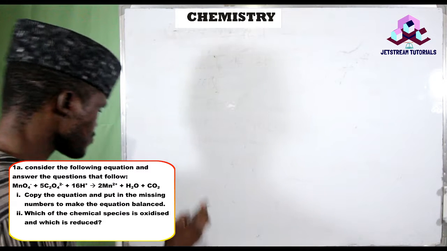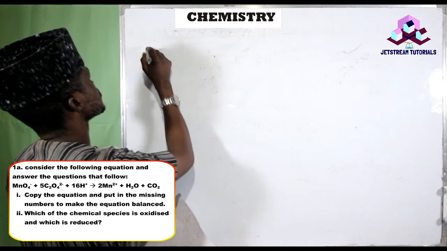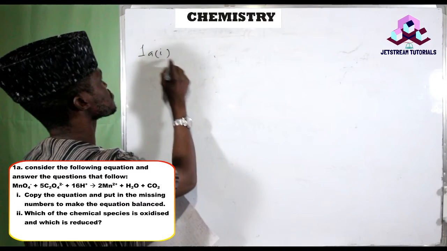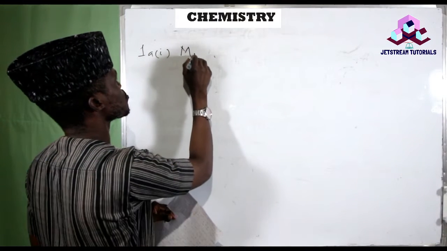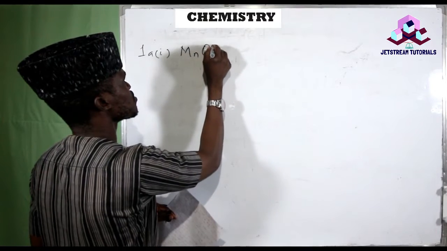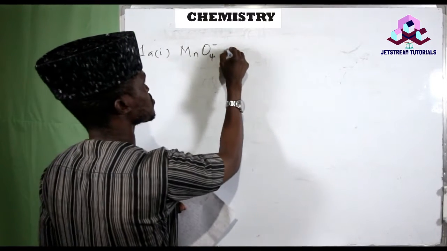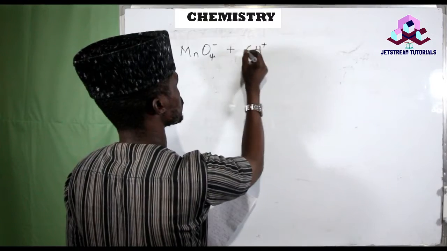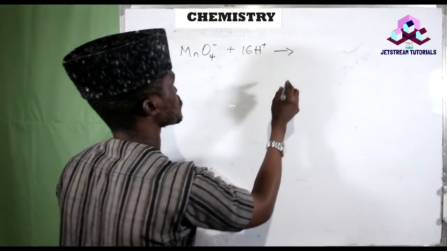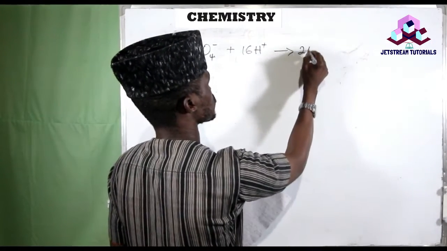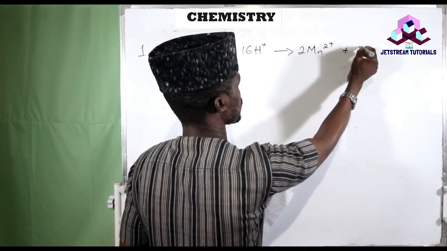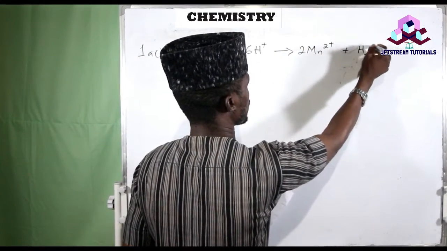Let's say this is 1A Roman 1. So 1 mole of permanganate ion reacts with 16 moles of hydrogen proton to give us 2 moles of manganese 2 ion plus 1 mole of water.